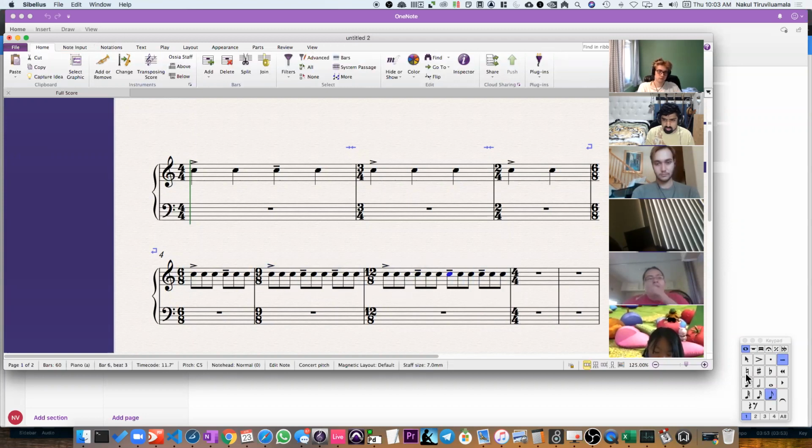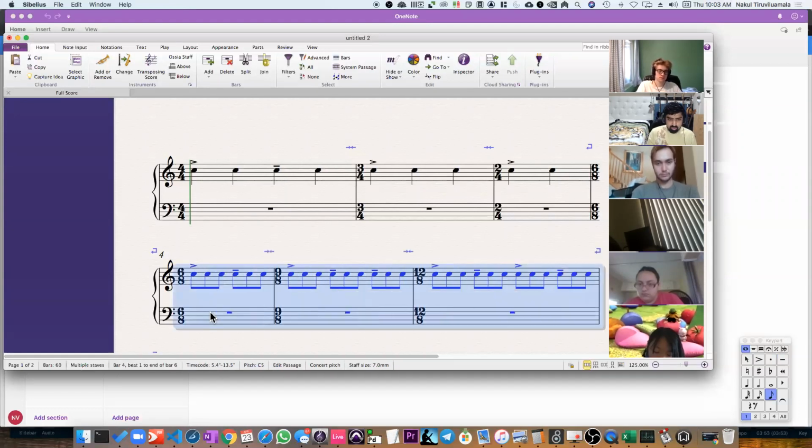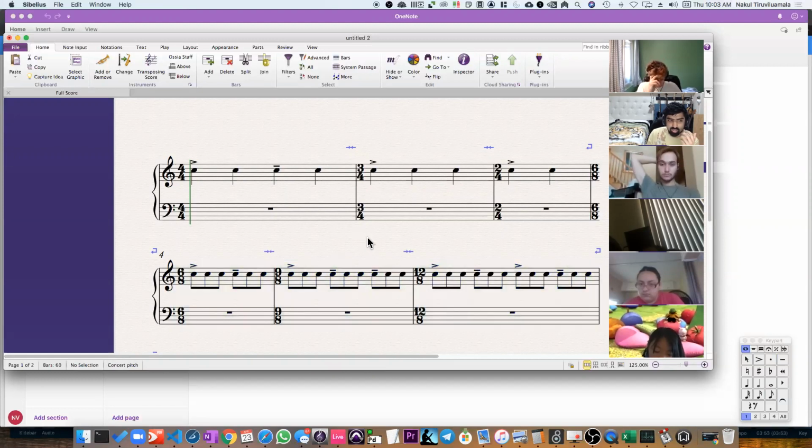If you recall the difference between complex time signatures and compound and non-compound, let me quickly do this. This will clarify it very simply.